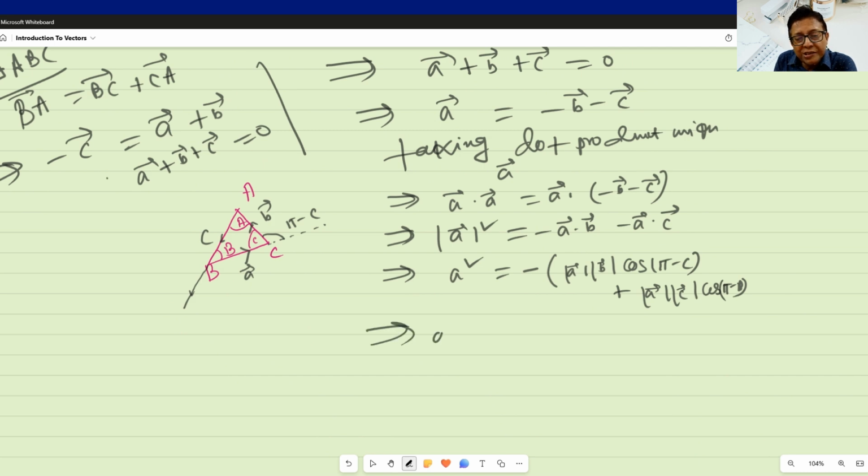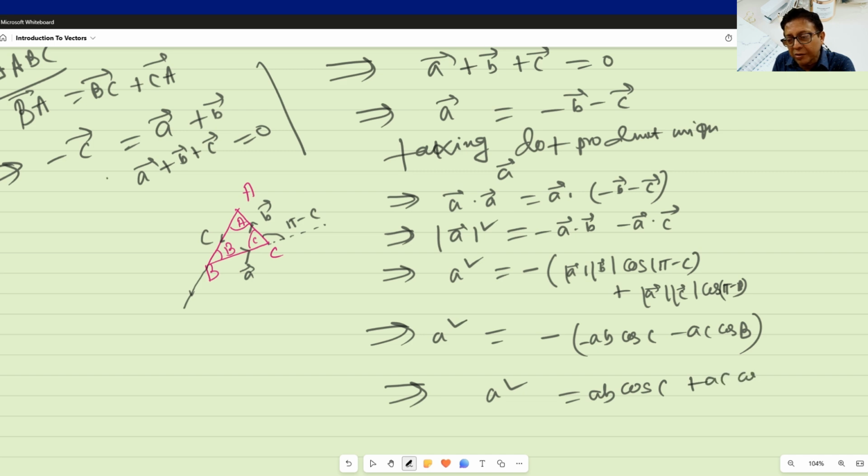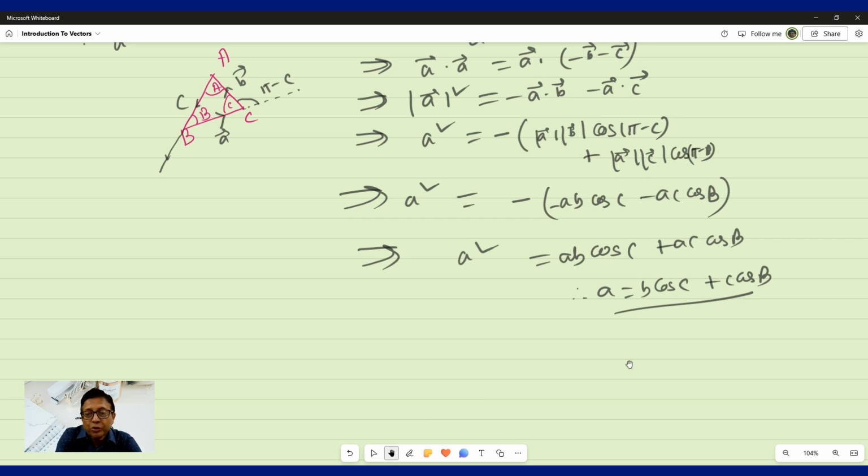So this implies a square equals minus ab cos C, this implies ab cos C plus ac cos B. So a equals b cos C plus c cos B. In the same manner you can prove b equals c cos A plus a cos C. Just remember, if you take a side here, it is a combination of the other sides and angles of the triangle.